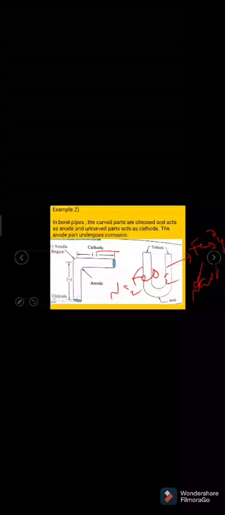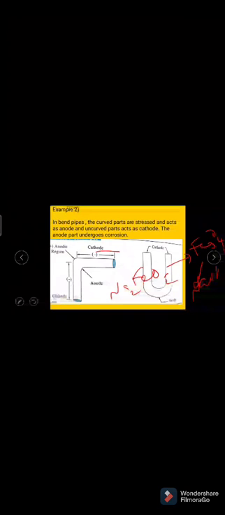Then the sodium hydroxide formed after hydrolysis further reacts with the iron and causes corrosion. Then it is called caustic embrittlement.